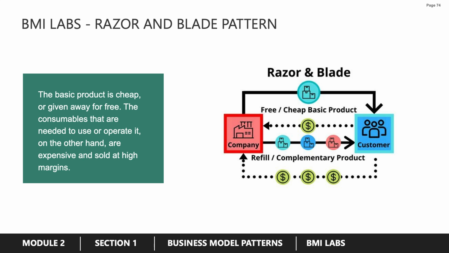It combined the subscription model as well as the razor and blade. So they adopted two different business model patterns, and by adopting both, Dollar Shave Club was able to get a competitive edge over Gillette. And it was subsequently bought.